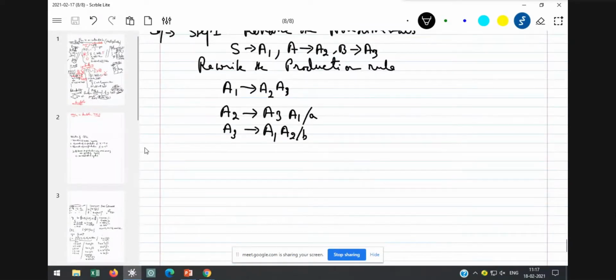And then the second step. In the second step, we are going to modify the production rules. Let me write this step first. Modify the production rule.